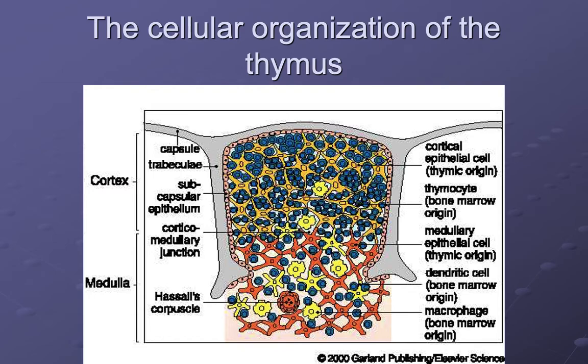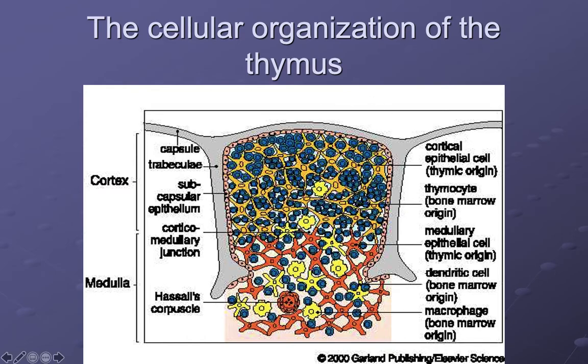In the cortex, the majority of the cells that are found are immature lymphocytes. You can also expect to see transitional macrophages that are beginning to be phagocytic.